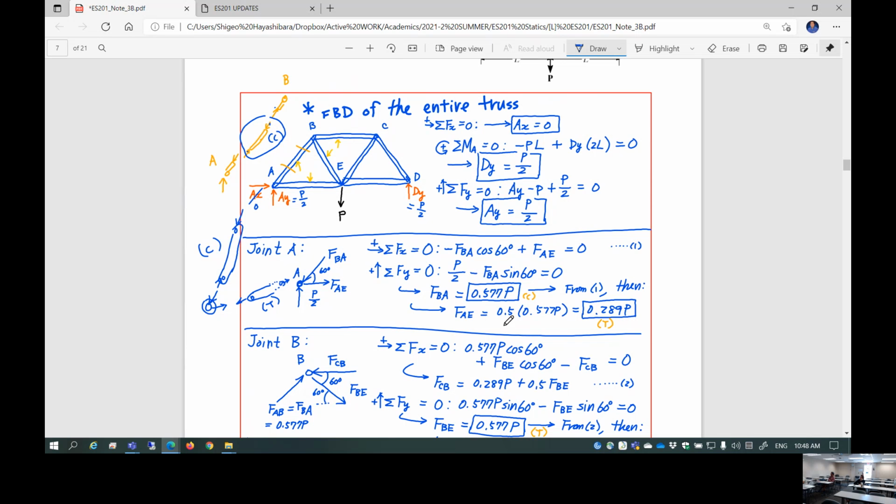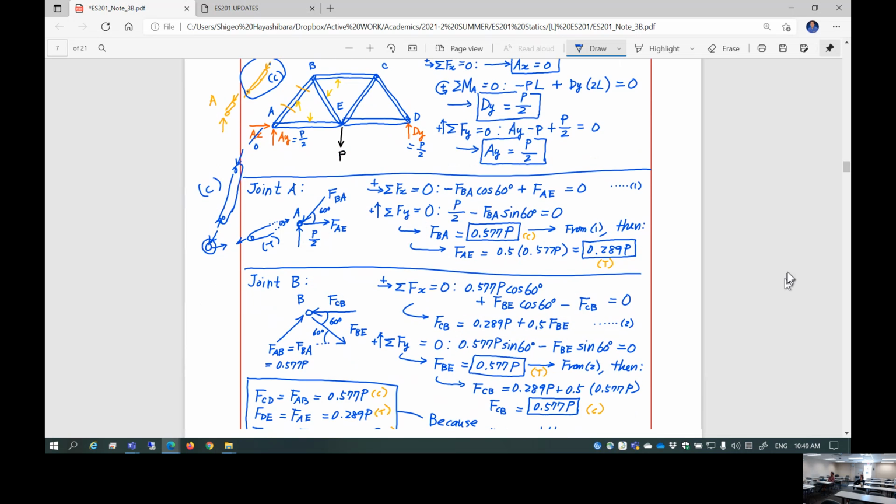I oftentimes feel, wait a minute, isn't that opposite? If you look at the joint, of course, the joint is external force. After you disassemble the member, it's going to be an external force. But if you internally cut, this is internal loading, which is equal in the opposite direction. Okay. All right.